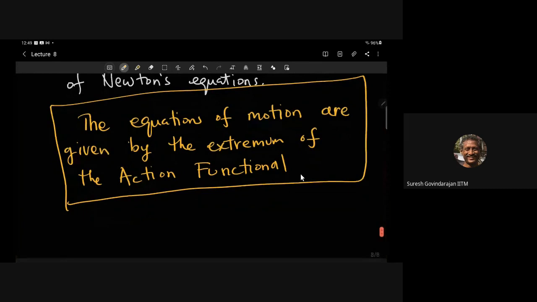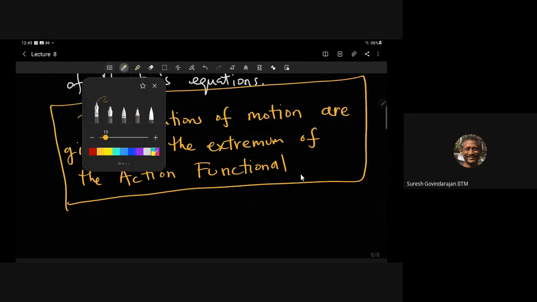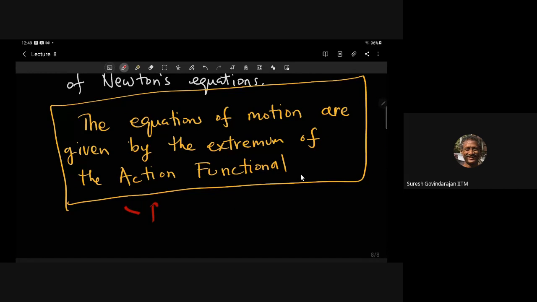Okay, so this has a name. This is sometimes called the principle of least action.